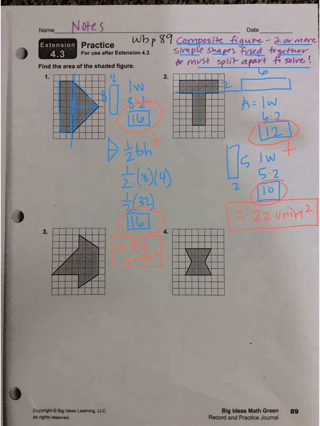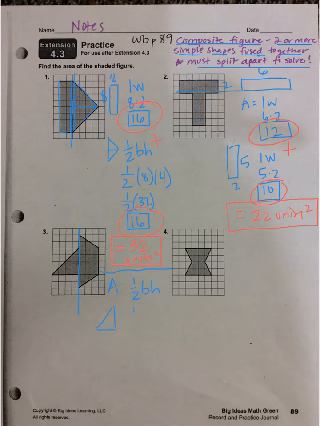For number 3, we have a trapezoid fused with a triangle. So let's start with our triangle because it's a simpler shape. I typically do that. So area equals 1/2 base times height. Our triangle looks like this.